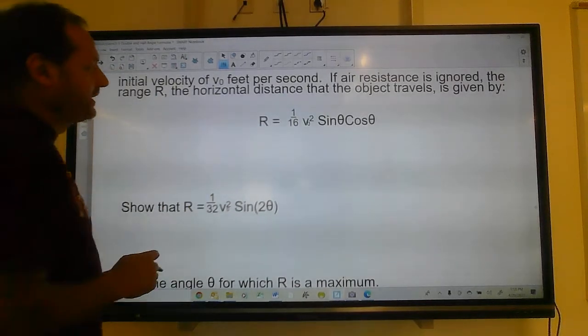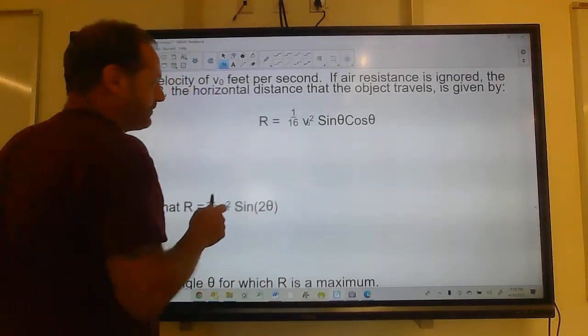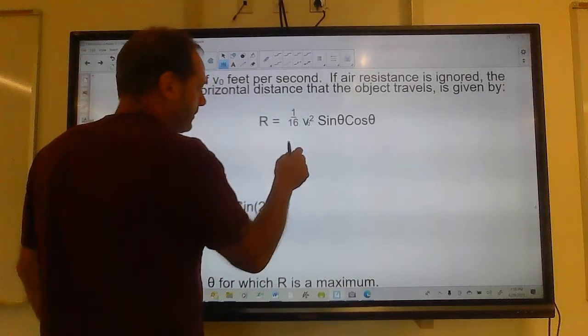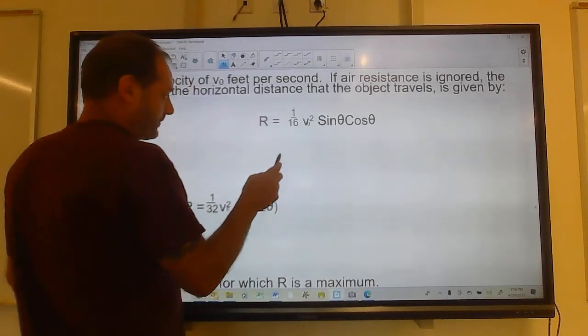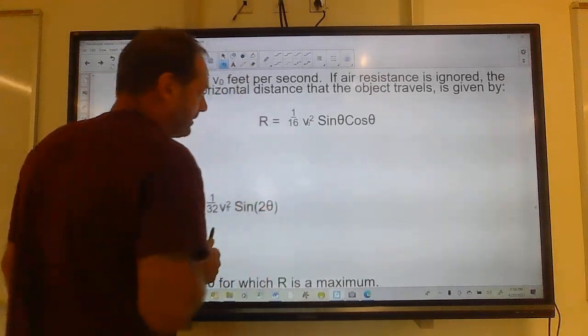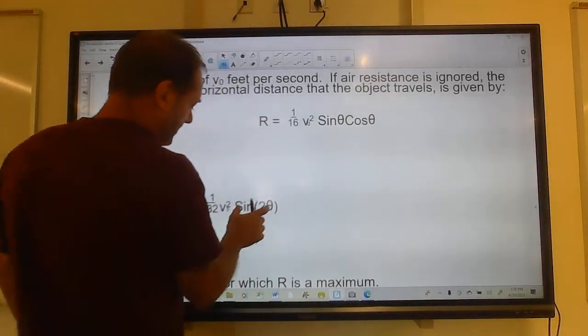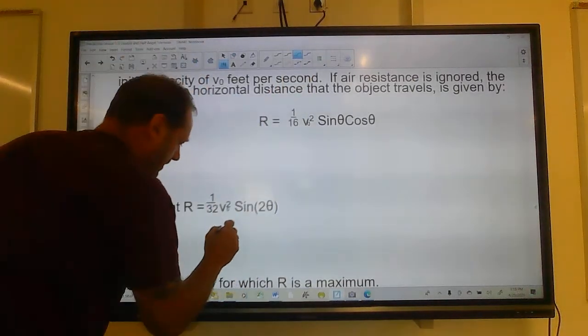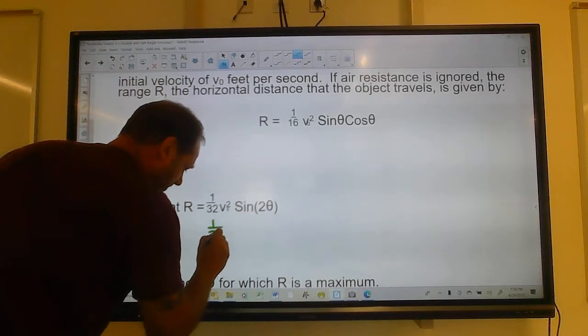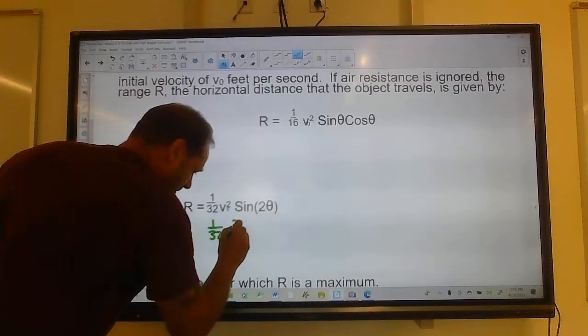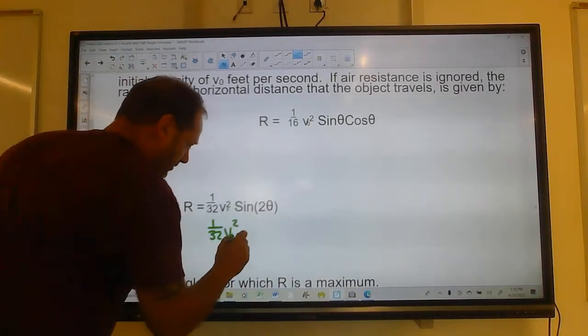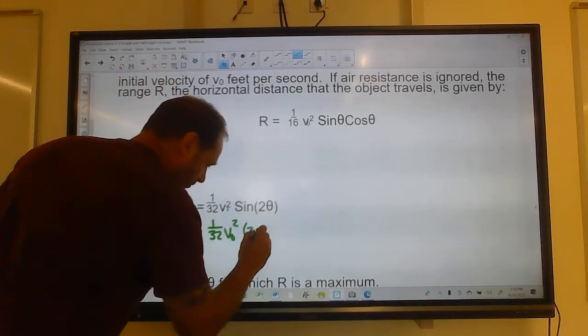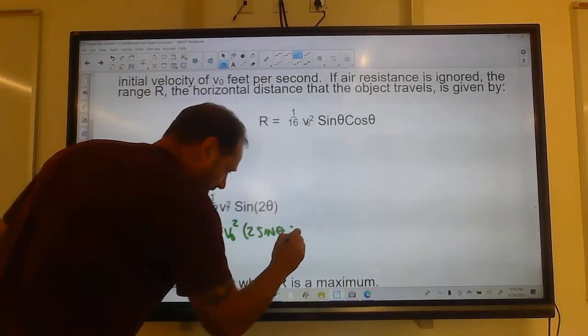Okay, well, here's the thing. Remember that this part right here looks like a double angle. Here's my double angle formula. So sine 2 theta could be written as this. We could take this and change it to 1/32 v naught squared times 2 sine theta cosine theta.